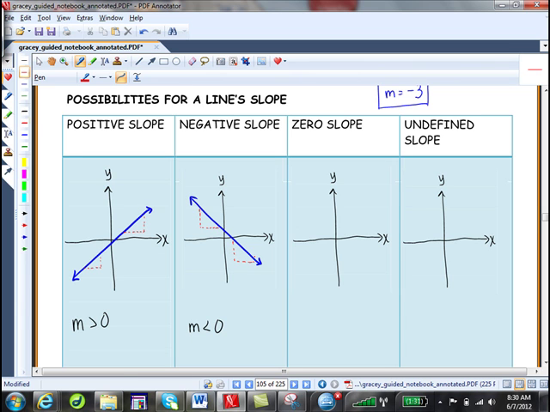All right, a 0 slope. If M is equal to 0, we will have a horizontal line because there's no rise. You see that? There's no rise. So your y2 minus your y1 would 0 out, right?